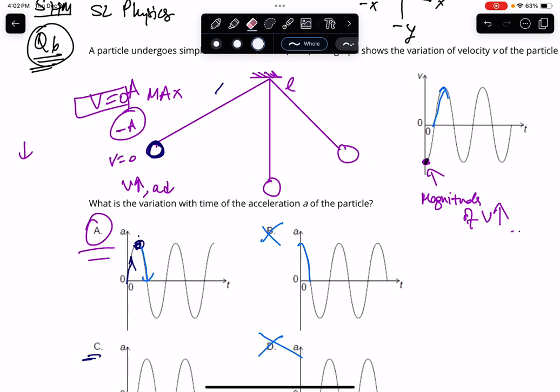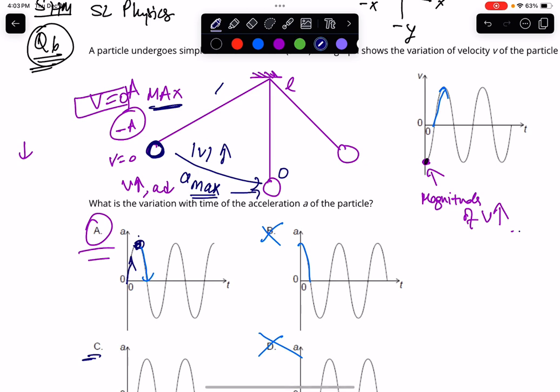And once again, what's happening is that when the pendulum is going back, the absolute value of the velocity is rising, but the acceleration is going from maximum, right? The acceleration is going from maximum to 0. Okay? So the acceleration is falling and the velocity in this point is rising.